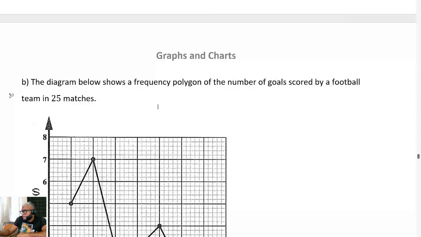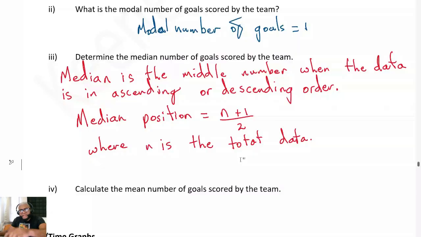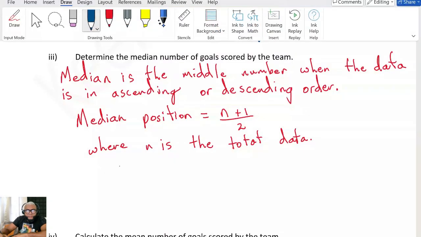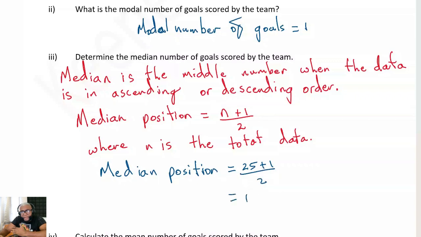So the median position, not the median itself, would be equal to 25 plus 1 divided by 2, which is 26 divided by 2, giving the 13th number. Everybody good here? It's the 13th number we're looking for.